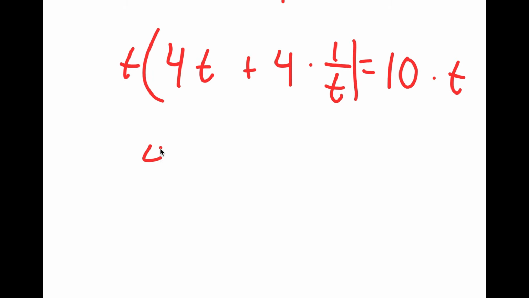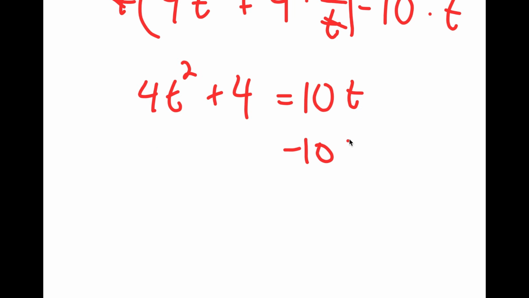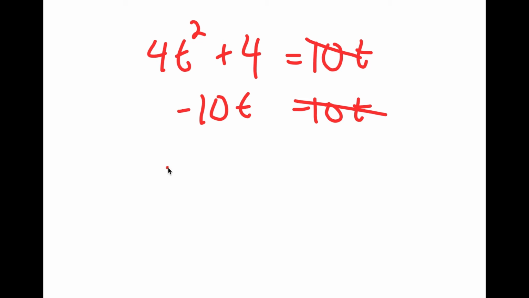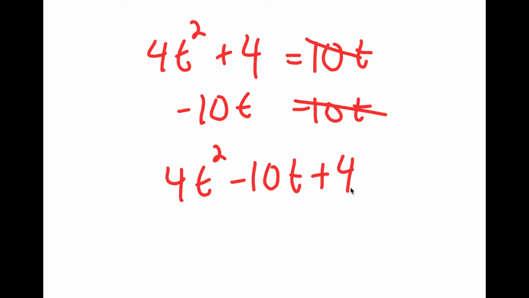So t times 4t is 4t squared, and 4 times 1 over t times t, well, these two cancel out, so I simply am left with 4, and I have this equals 10t. Now I can subtract 10t on both sides. So then these two cancel out, and I get 4t squared minus 10t plus 4 is equal to 0.